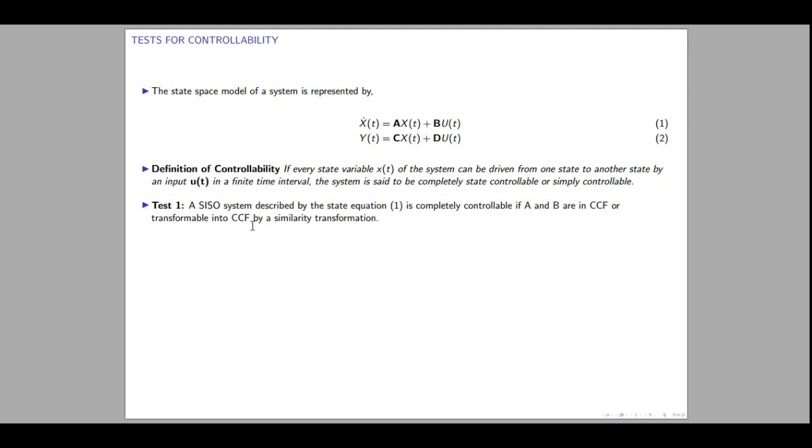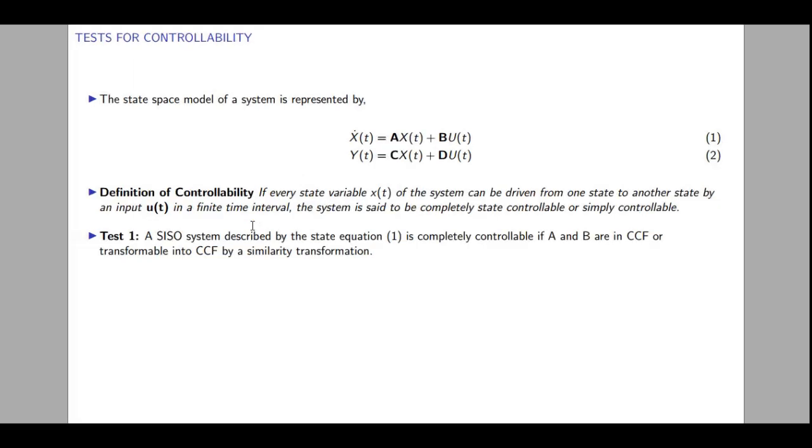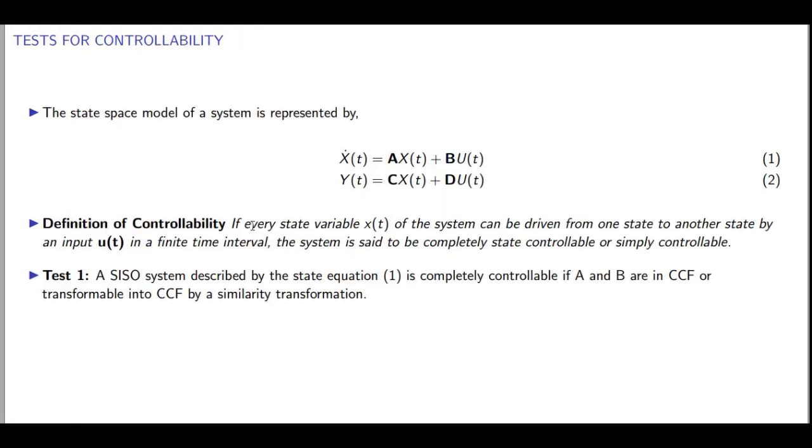First test is valid only for SISO system. If I have a SISO system, that is single input, single output system, which is described by the state equation of 1, if I want to call that completely controllable, then the condition is that the matrices A and B should be in CCF, or they should be transformable into CCF by a similarity transformation.